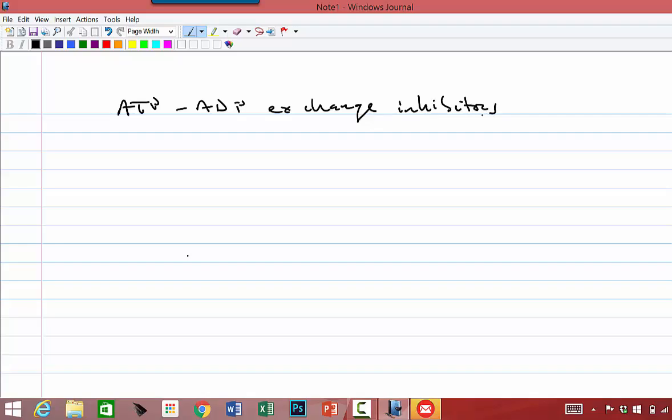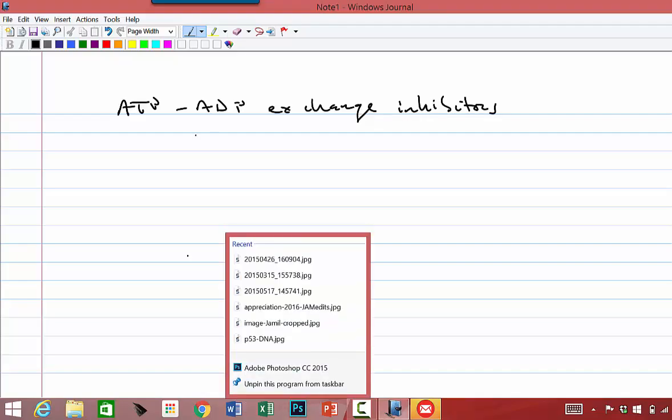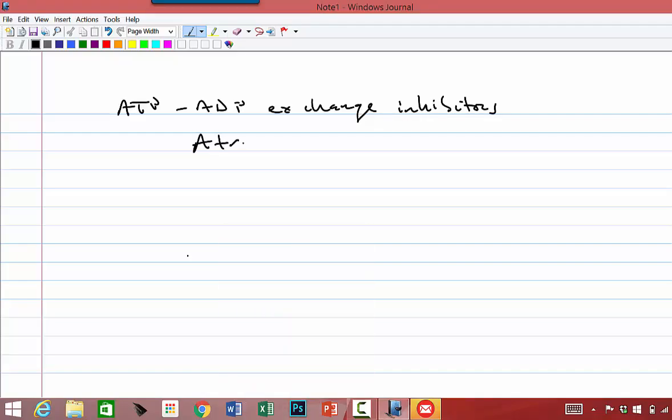Okay, and one of these is called atractiloside. Let's go ahead and write this out for you. Atractiloside. Okay, and you might be thinking, well, how could that cause inhibition of this whole thing?